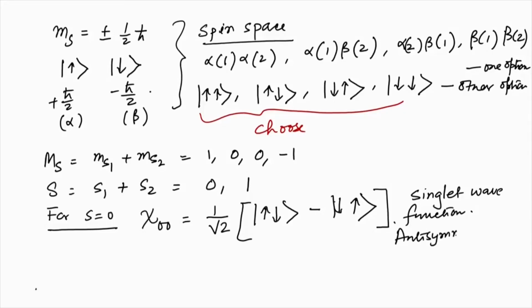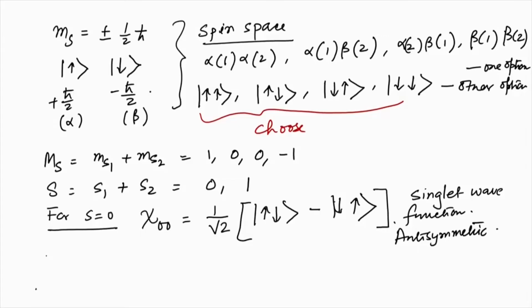What I mean by antisymmetric is the following: you have two particles, the first one is in up state, the second one is in down state. Here the first one is in down state and the second is in up state, and now if you interchange up and down, one gets a negative sign. That is why it is called antisymmetric.